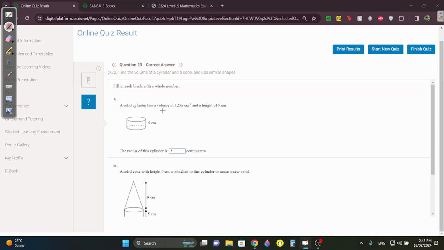Okay, this is the annoying one. A solid cylinder has a volume of 125 pi centimeter cube, and the height of it equals 5. What's the radius? Okay, formulas, always formulas. Volume of cylinder equals pi r squared h.